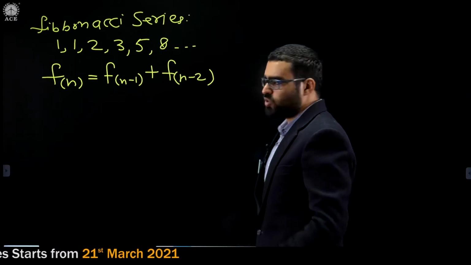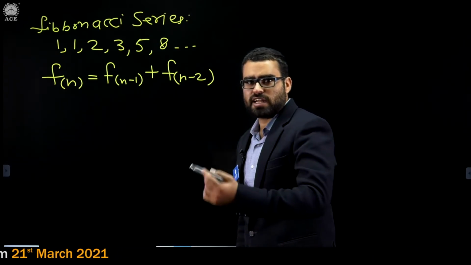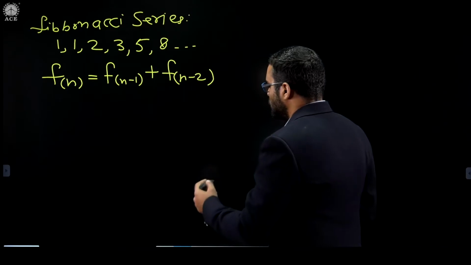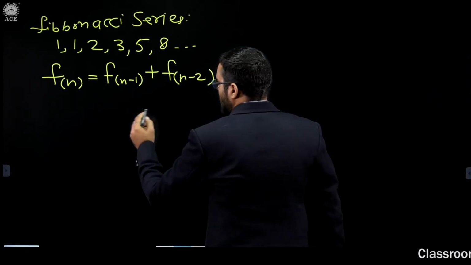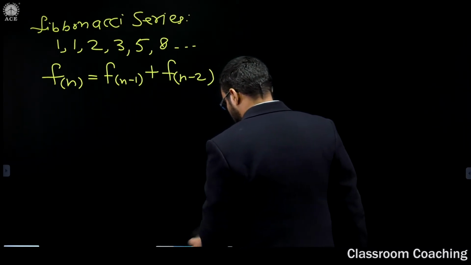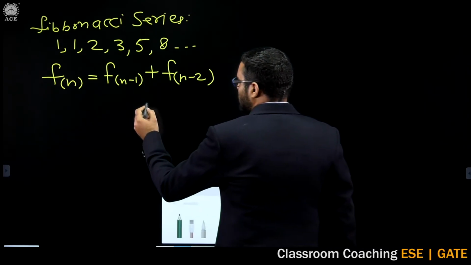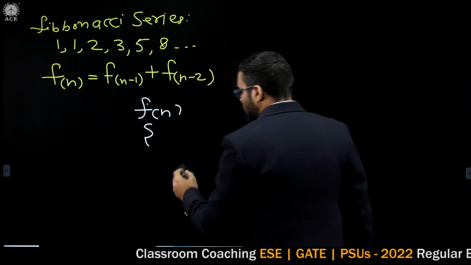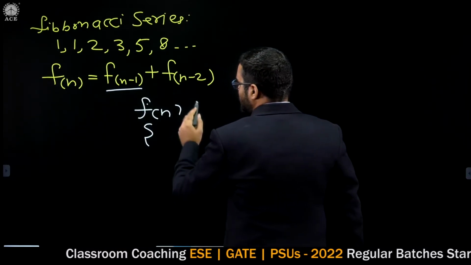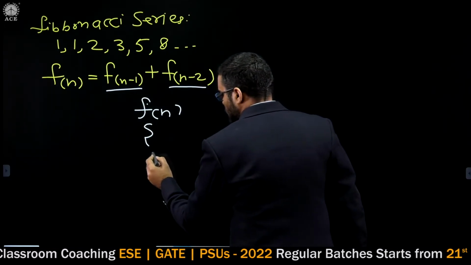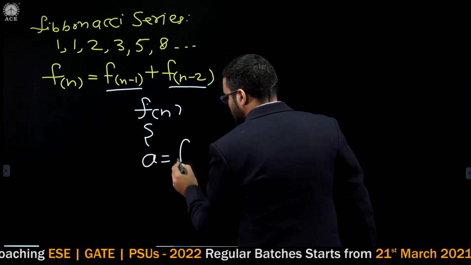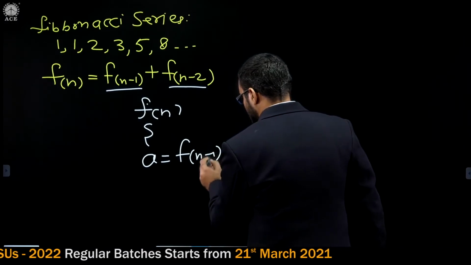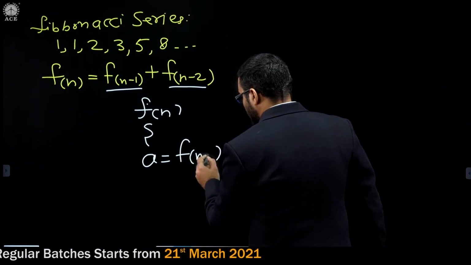Now for this Fibonacci series, let's write the algorithm. I want to compute Fn. So I will compute Fn minus 1, and that value I will save in the variable a.